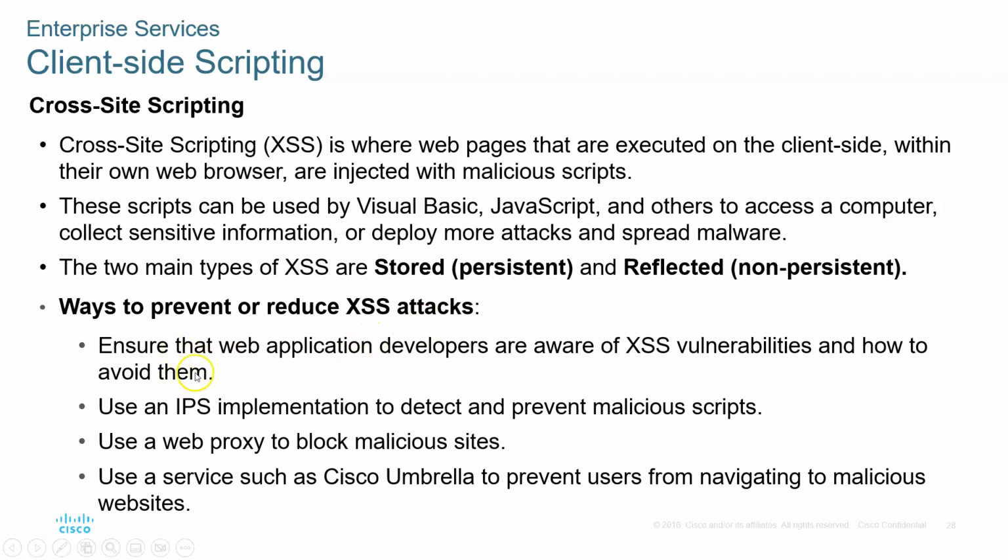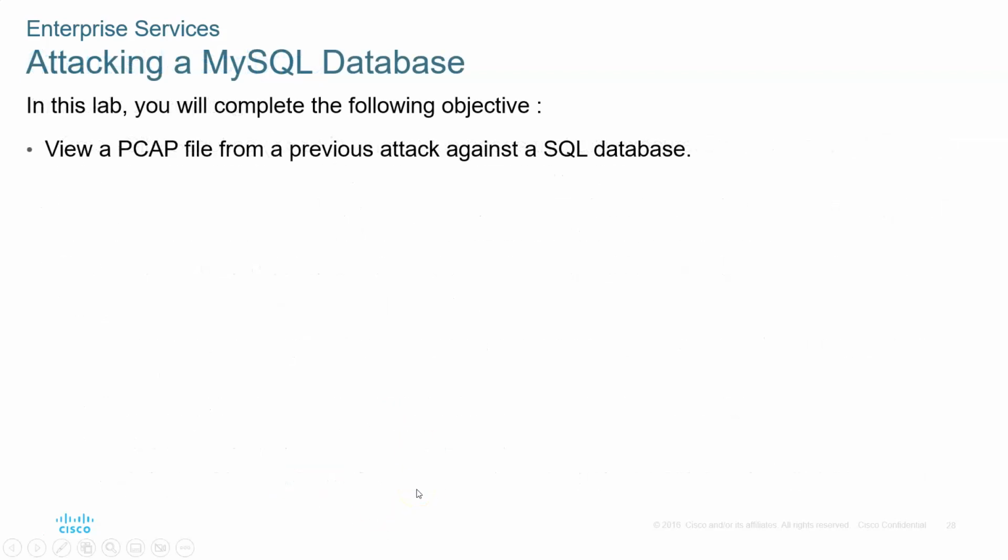So how do you prevent that? Ensure that the web application developers are aware of it. You may not know that all the time. An IPS system will be able to detect web pages that have those scripts and whether they are malicious. Not all code is malicious, but you don't know, right? Especially if you went to websites or web pages that you're not familiar with. And you can, of course, use the Cisco Umbrella to do that.